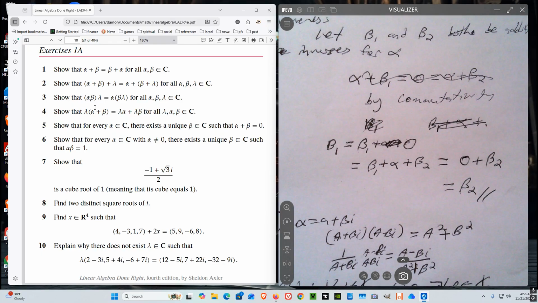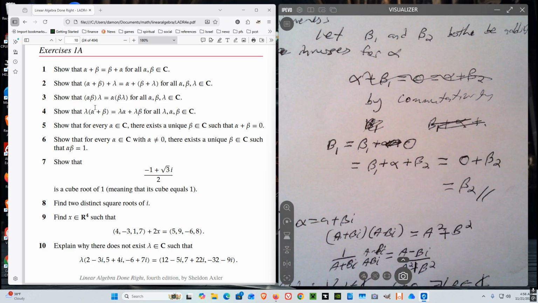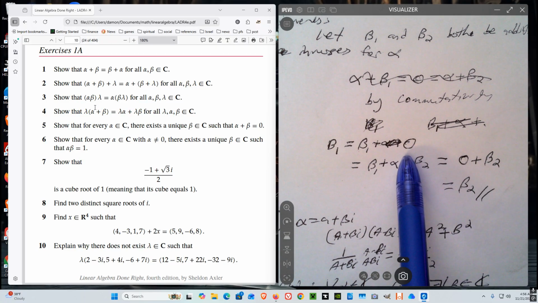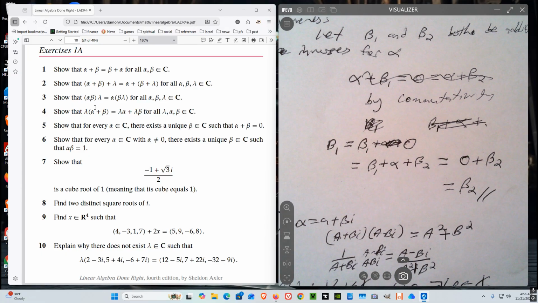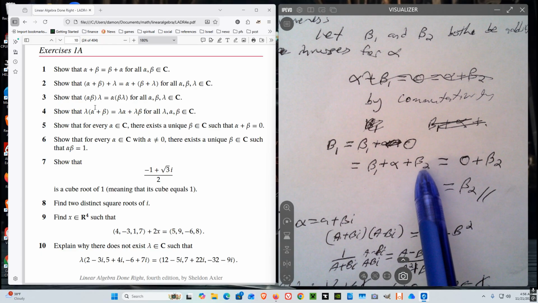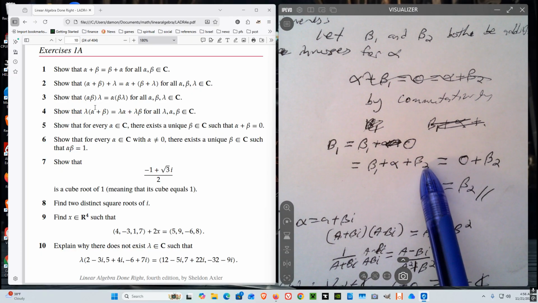I didn't write all that out, but I thought it. So, beta 1 equals beta 1 plus 0. We already know when you add the 0 complex number, it gives you back the thing. That's like an axiom. Well, alpha plus beta 2 equals 0 also, so I can replace 0 by alpha plus beta 2.